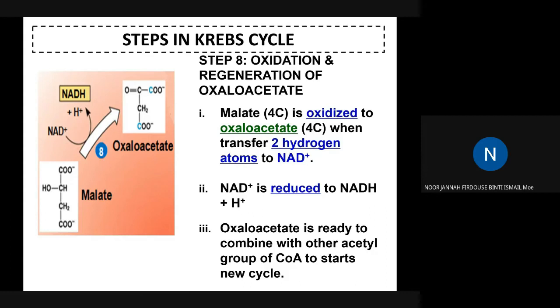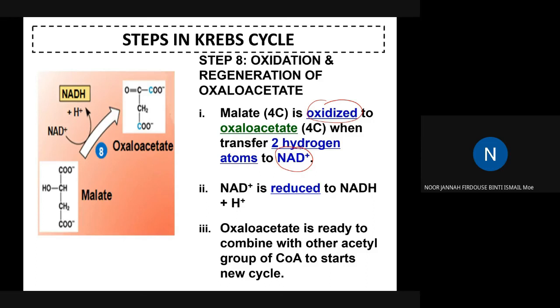Okay, so malate will be oxidized to oxaloacetate by transferring hydrogen atoms to NAD+. So NAD+ is reduced to NADH plus H+, then oxaloacetate is ready to combine or start another Krebs cycle with acetyl-CoA.